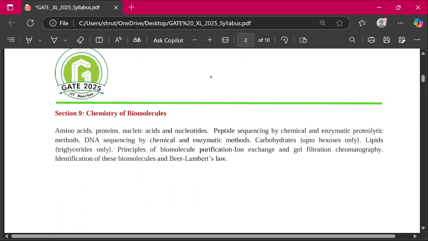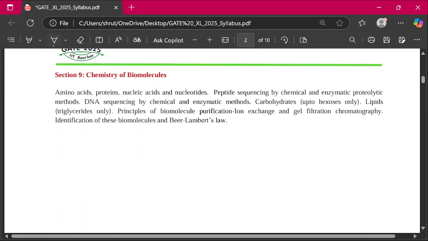So the last section, which is section 9, is chemistry of biomolecules, in which we have to discuss the amino acids, proteins, nucleic acid, nucleotides, peptide sequencing by chemical and enzymatic proteolytic methods, DNA sequencing by chemical and enzymatic methods, carbohydrates. In carbohydrates we have to study up to hexose only.